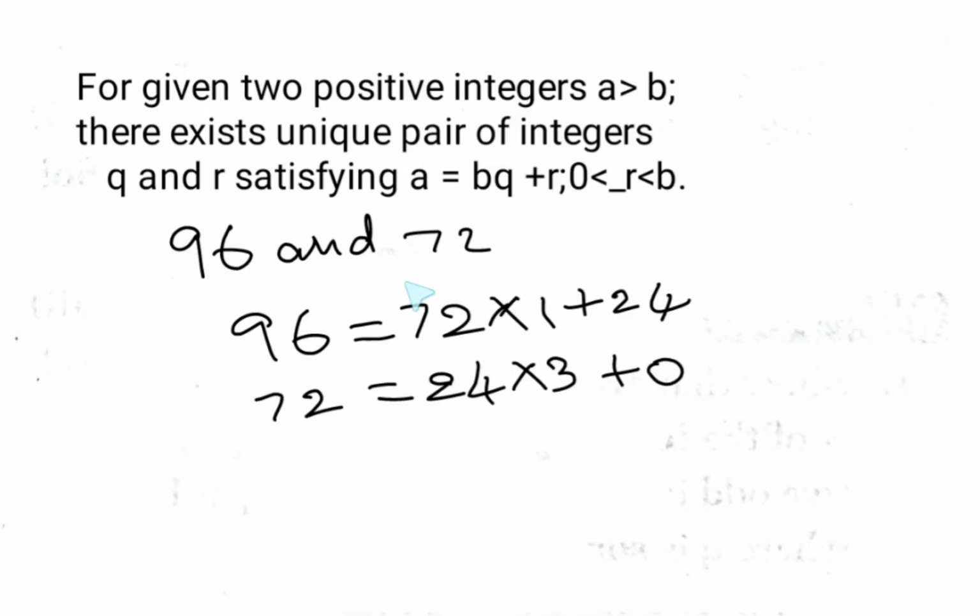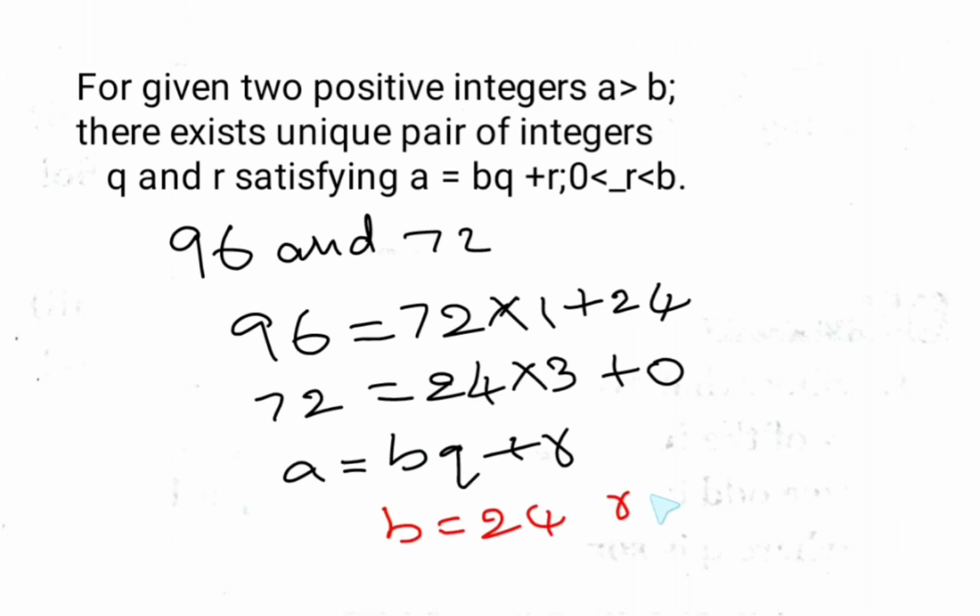So now it is in the form of A equal to BQ plus R. R is 0, A is 72, and B equal to 24.